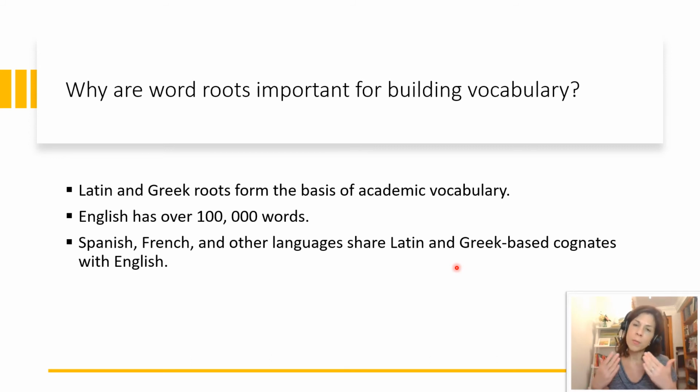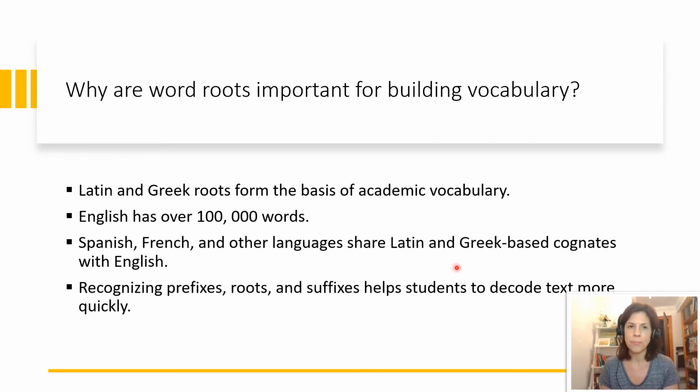And when the bilingual begins connecting the two lexical networks in their brain, you have a really smart student who can make connections between words and meanings. Finally, recognizing prefixes, roots, and suffixes helps students to decode text more quickly. Okay, so this isn't just about learning meaning, it's also about being able to read more quickly and accurately.